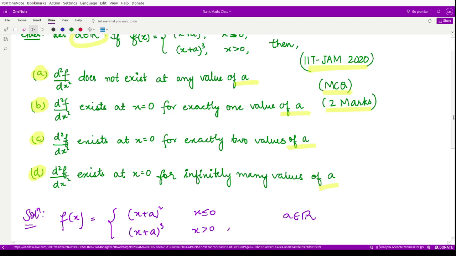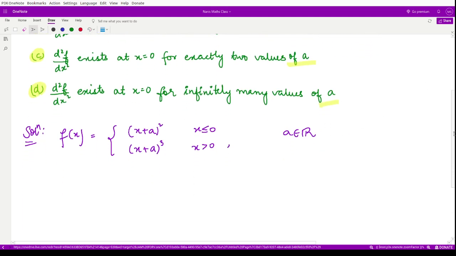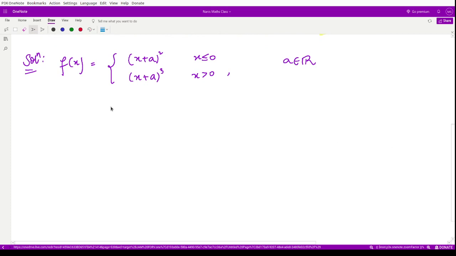We do not know about a. Because our function is piecewise defined, we will first calculate the left hand derivative at the point x equal to 0. Why are we looking at the point x equal to 0? Because at x equal to 0 we are having discontinuity. So at this point we'll first calculate the left hand derivative.